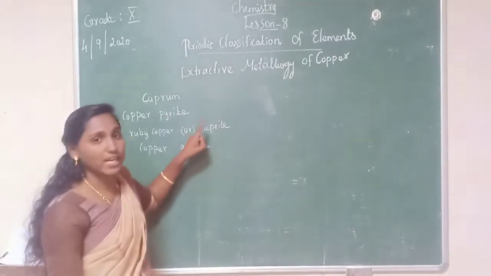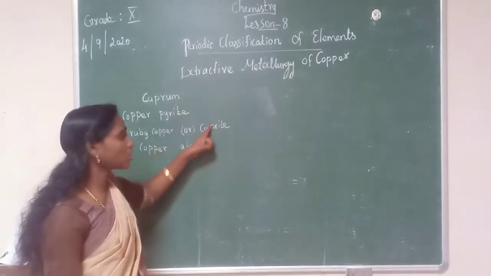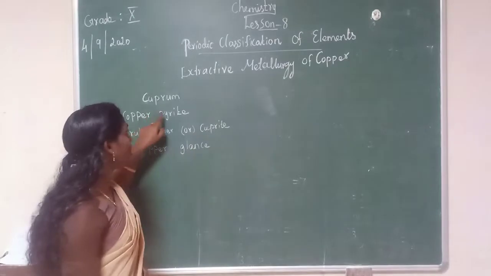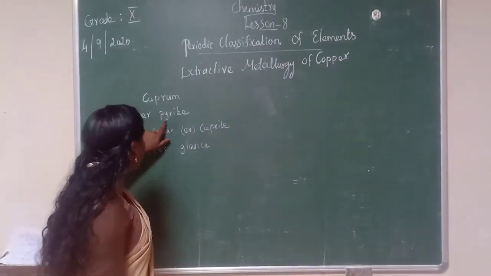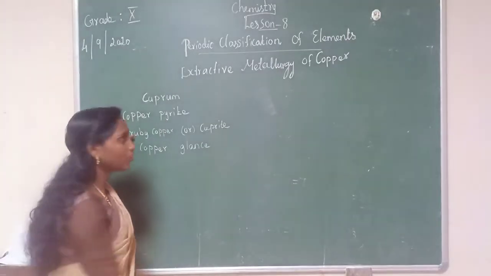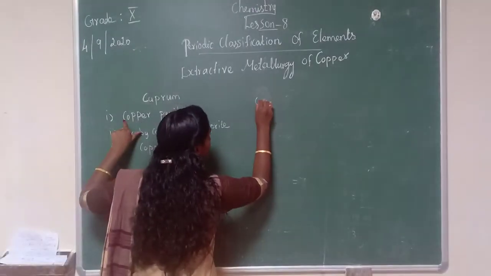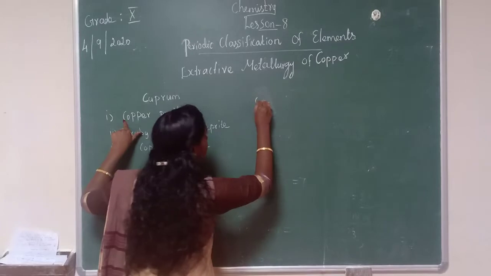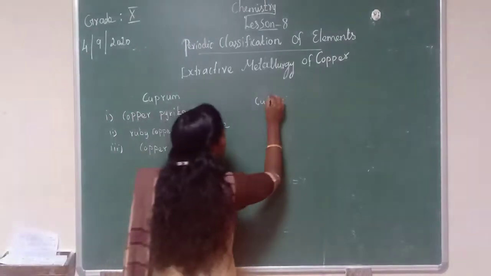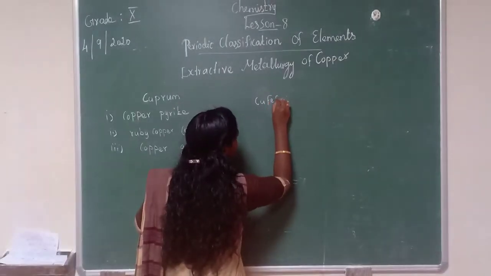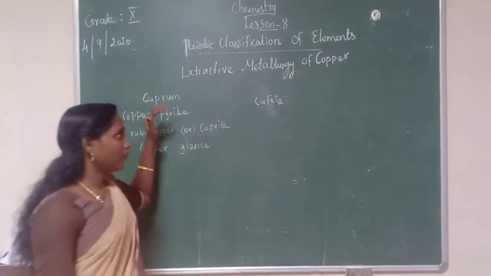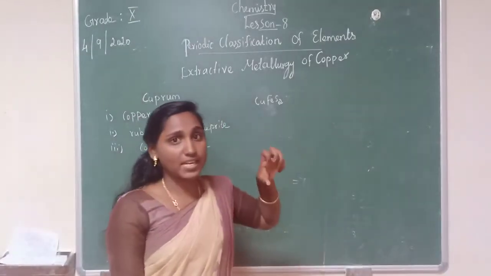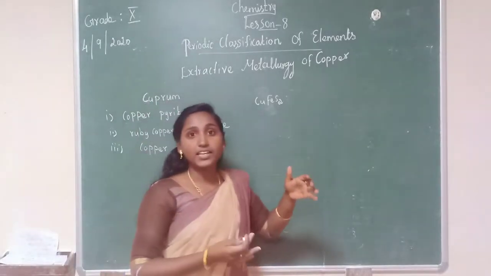Next we are going to study the chemical formulas of these ores. First, copper pyrite. You all know the copper symbol is Cu, right? So Cu, Fe, S2. Because if you are going to extract a metal, at the beginning itself we do not get a pure metal.